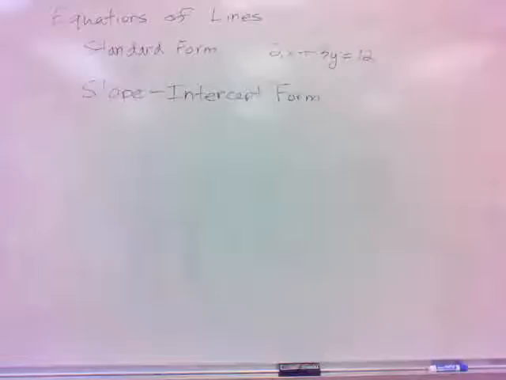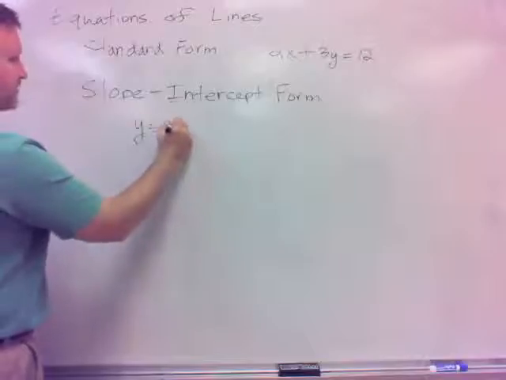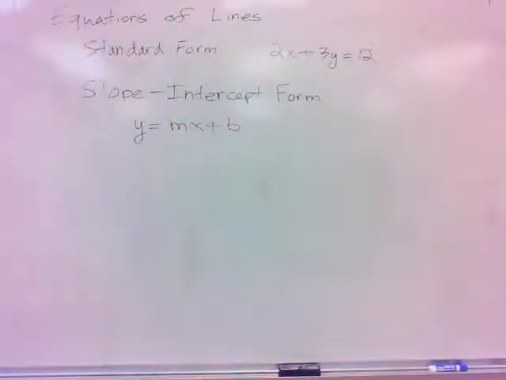So we do need to talk about it. Now, what it looks like, you may have heard it mentioned before, but the general form of it we usually call the y equals mx plus b form. That's the slope-intercept form of a line.